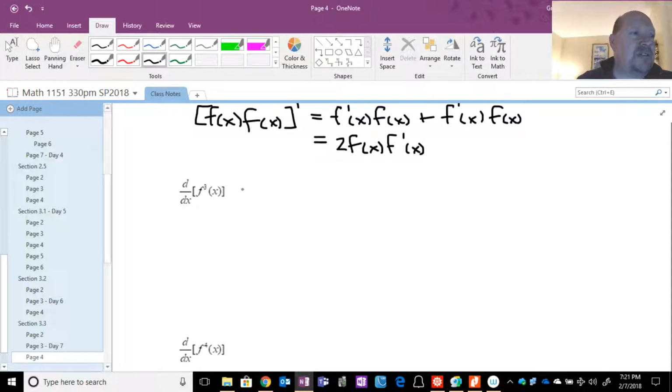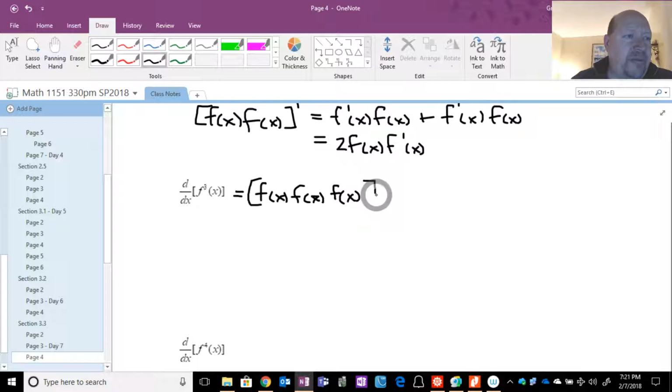All right, this next one is the derivative of f cubed of x. That is just equal to f of x times f of x times f of x, and then we're taking the derivative of that. Extending the use of the product rule to 3 factors, this would be f prime of x times f of x times f of x.